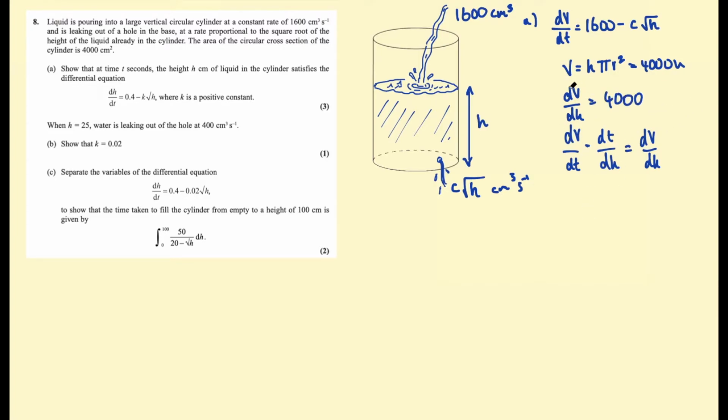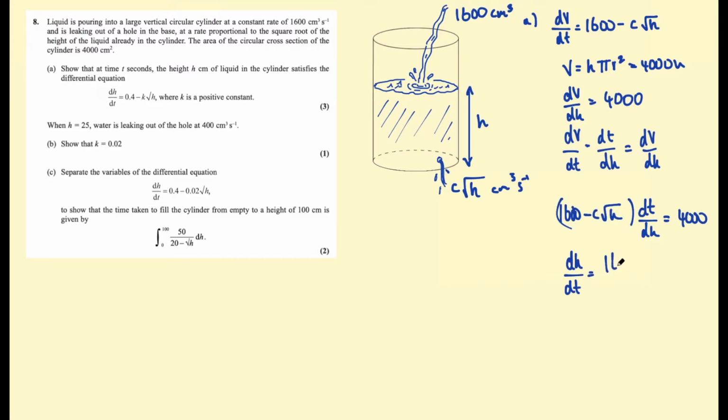Now plugging these expressions in, dV/dt is 1600 take c root h, multiplied by dt/dh, and this equals dV/dh, which is 4,000. Then rearranging so that dh/dt is the subject, we multiply by dh/dt on the right-hand side and divide by 4,000.